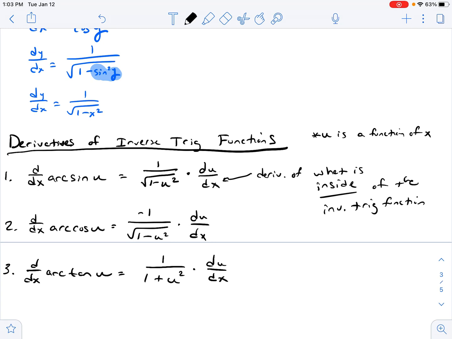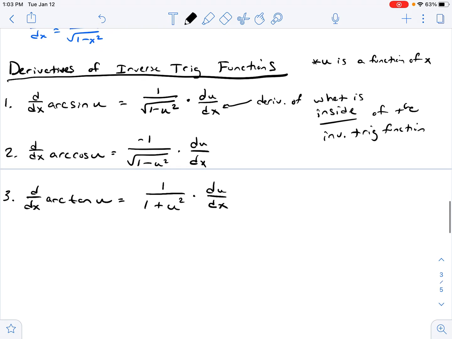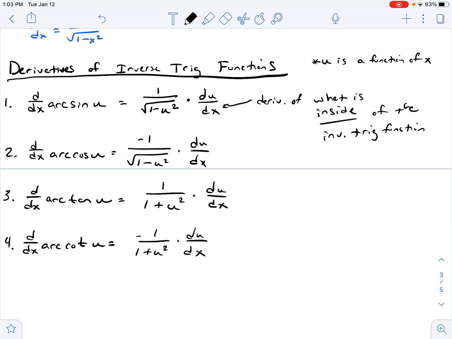So notice it's not too unlike the derivative of inverse sine. The big noticeable differences are you don't have a radical in the denominator, and it's a plus instead of a minus. And the last one is the derivative of the arc cotangent of u, which, similar to how 1 and 2 work, is how 3 and 4 work. It's just the negative, the way it comes out of the inverse tan function, okay?